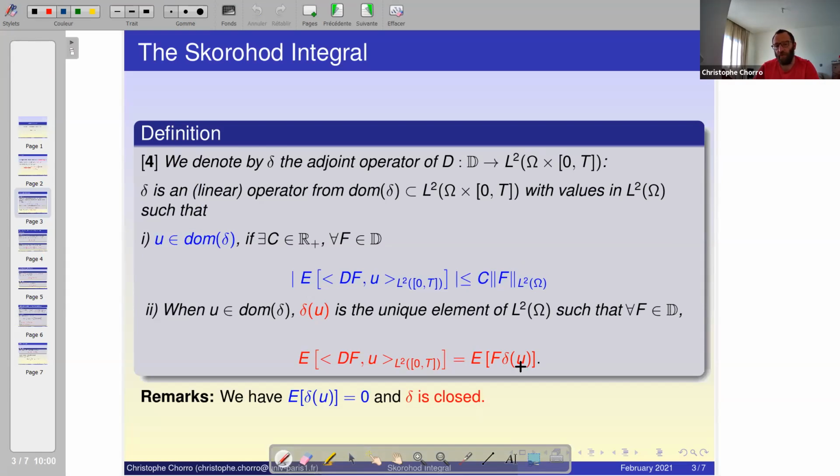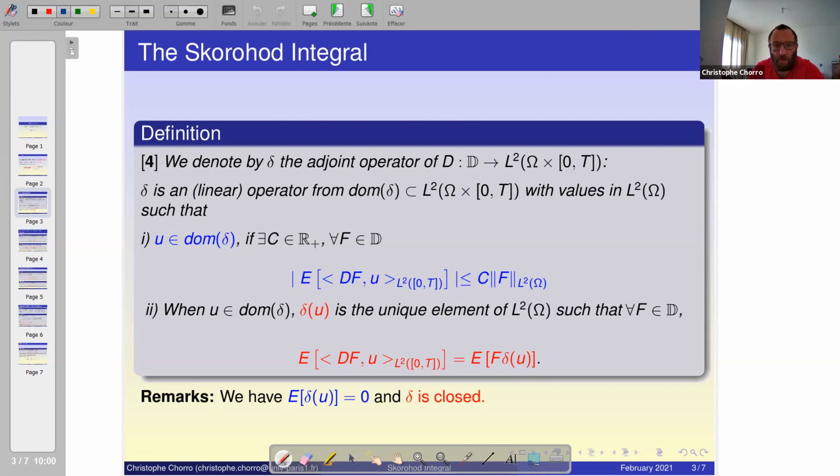If you have u that is in the domain of the squared integral, and if you have f that is in the domain of the derivative operator, then the expectation of f multiplied by the squared integral, that is exactly the type of term that I have in what I want to compute, may be written expressing this quantity using the derivative operator of capital F this way. It is just the expectation of the scalar product in L2 of 0 capital T of the derivative operator of F and u, the process of interest here.